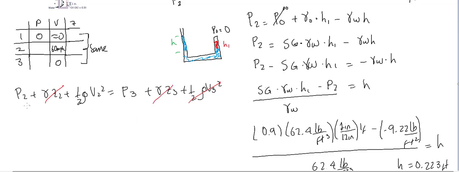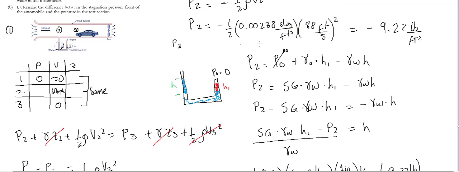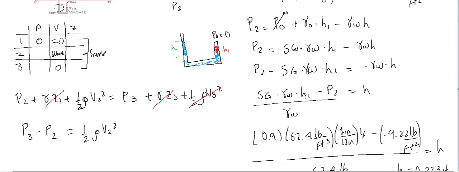And therefore, we find the pressure difference. So let's actually do P3 minus P2 so that we have a positive value, to be equal to 1/2 rho V2 squared. And we already have that value. We calculated it previously over here. Notice that it's only that it is positive, but the delta of this pressure is the same, 9.22 pounds per feet square.